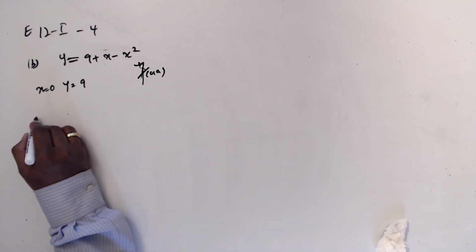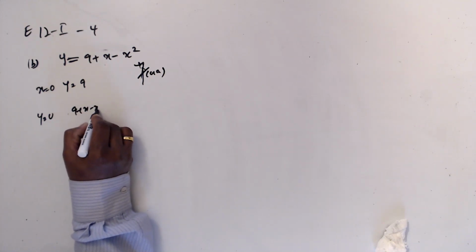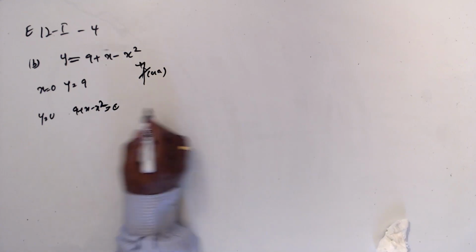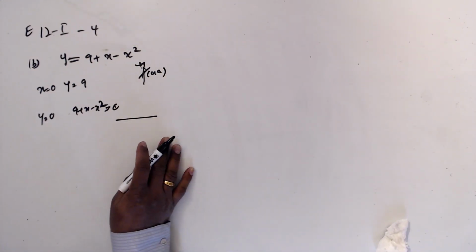For the x-axis, y equals 0. This is 9 plus x minus x squared equals 0. I'm not going to work out this one, I'm going to leave it.